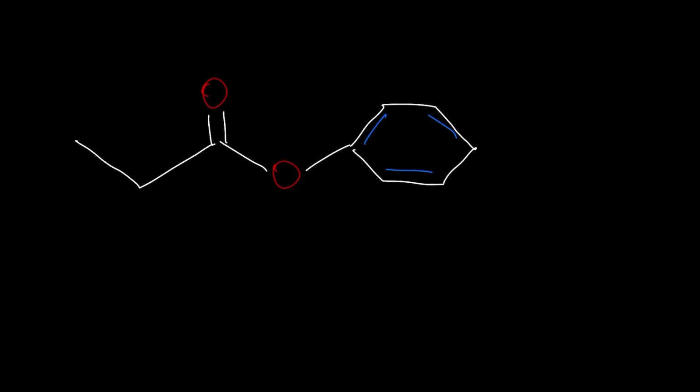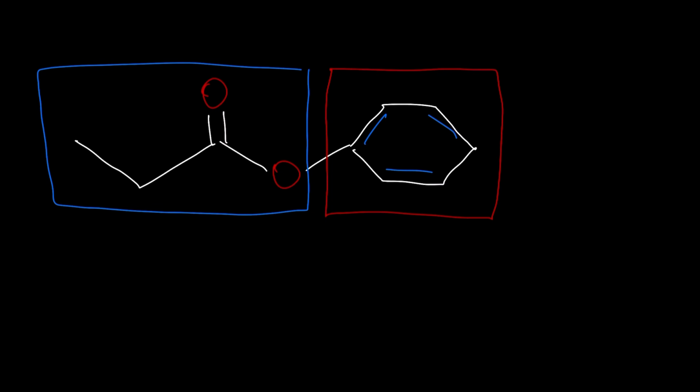On the side that doesn't have any oxygens, we have a benzene, and on the side that has the ester, we have 1, 2, 3 carbons. That would usually be propane, but we're going to call it propanoate because of the ester functional group.